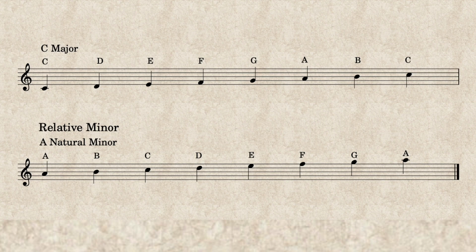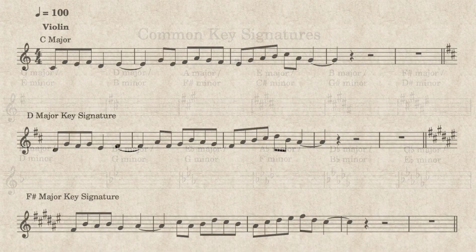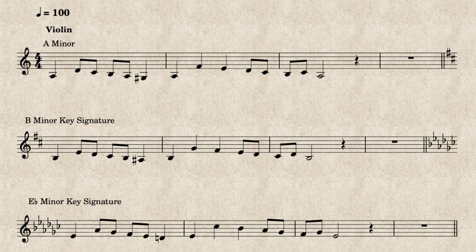All the other scales also share the key signature with their relative minor or relative major. These are the most common key signatures used in the tonal system for instruments with temperate tuning like piano, organ, marimba, or guitar. And this is the way the previous examples are notated using key signatures.